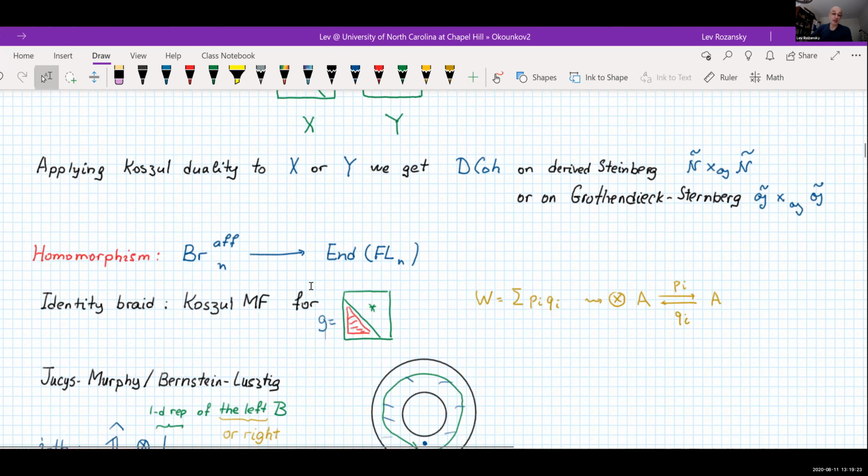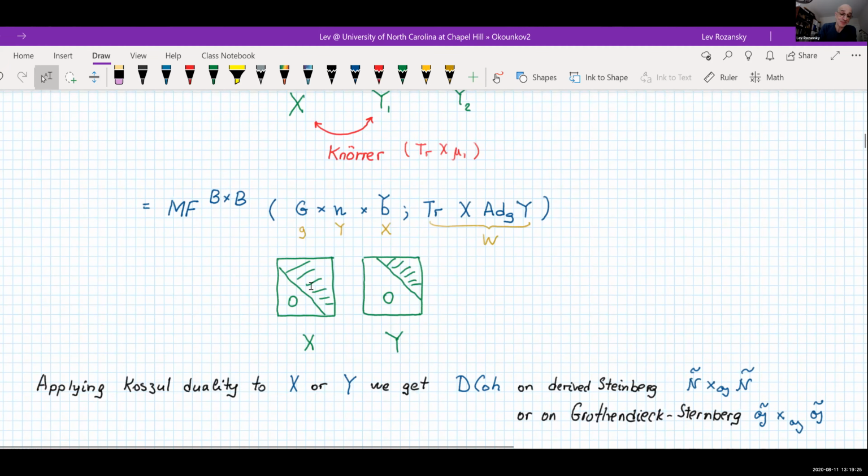I remind you that our matrix factorization category is equivariant with respect to the product of two Borels. Now, since in identity braid, you reduced the group G to Borel subgroup, you killed all the lower triangular elements of G, then homologically speaking, G, the group, is reduced to Borel.